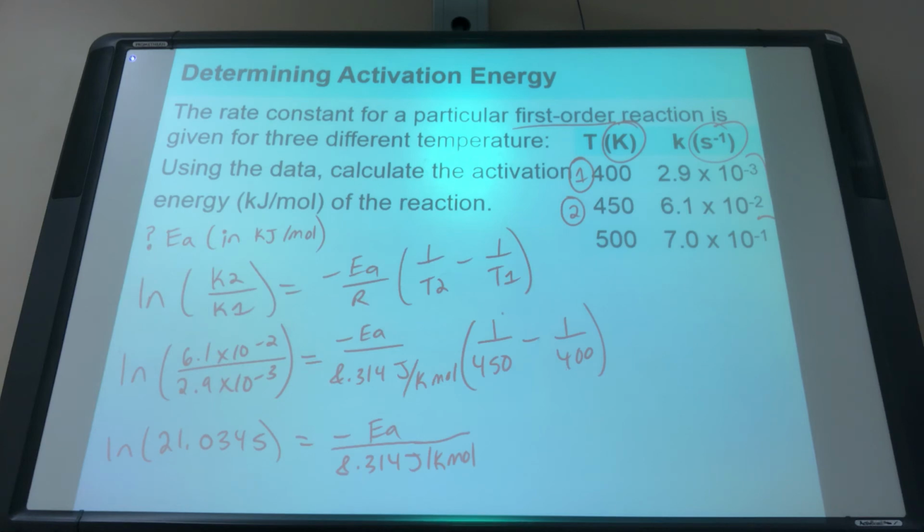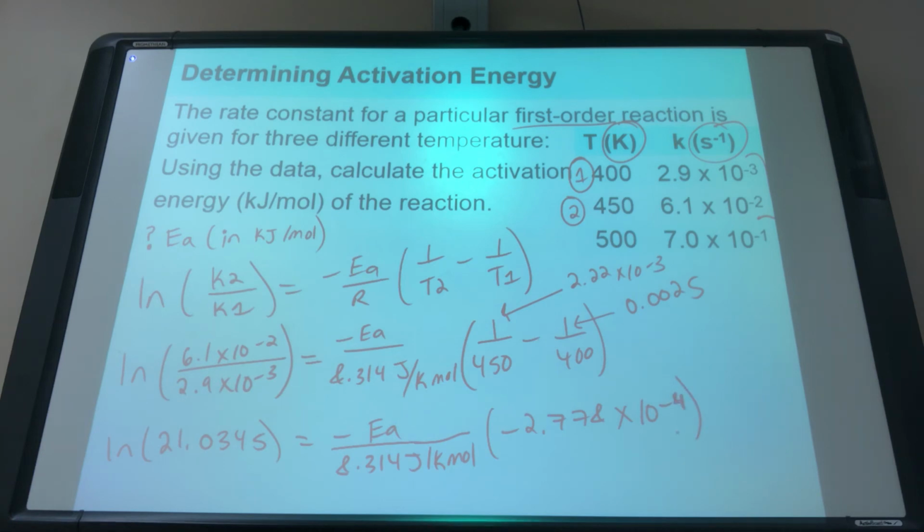If you want these numbers, 1 over 450 is 2.22 times 10 to the negative 3, and 1 over 400 is 0.0025. You can either put it in your calculator in one fell swoop, or you can do 1 divided by 450 to get this number, 1 divided by 400 to get this number, and then subtract those. So 2.22 times 10 to the negative 3 minus 0.0025 gives you negative 2.778 times 10 to the negative 4.